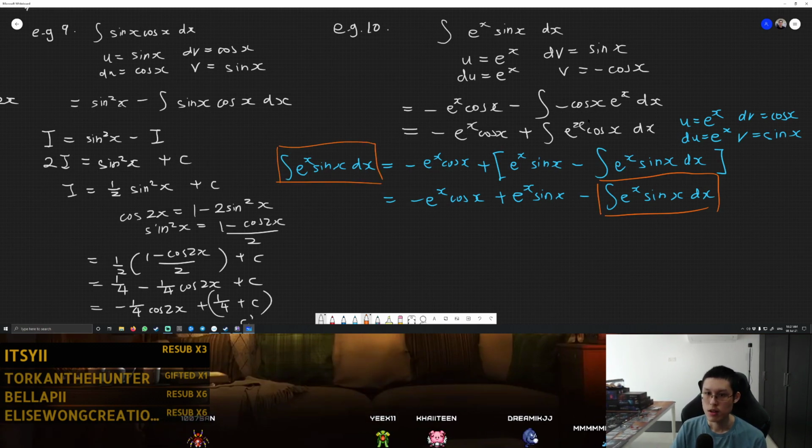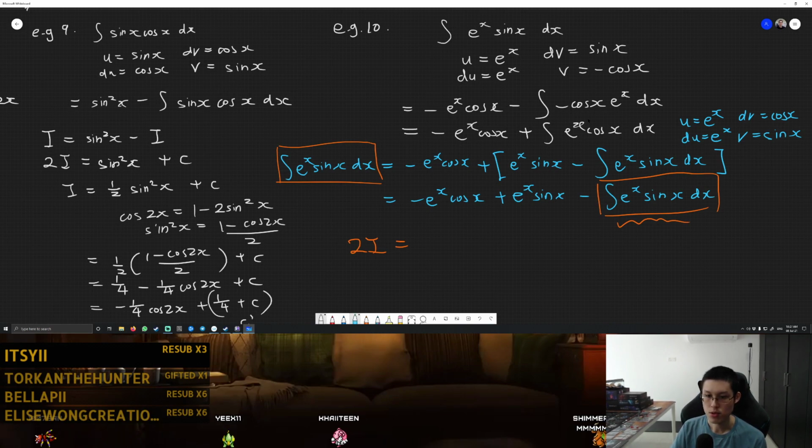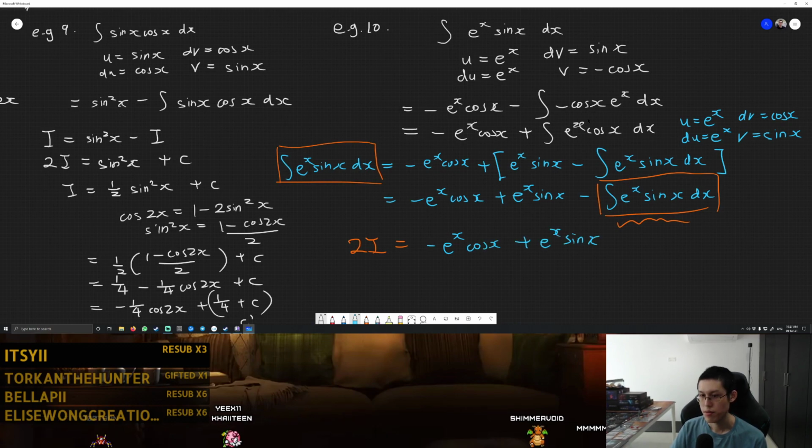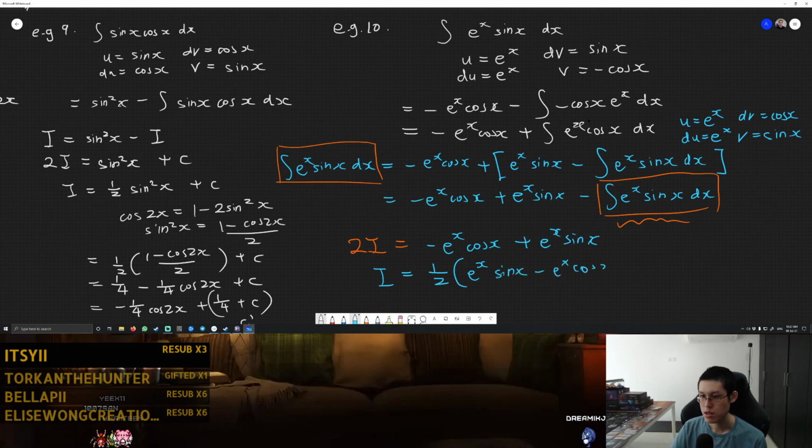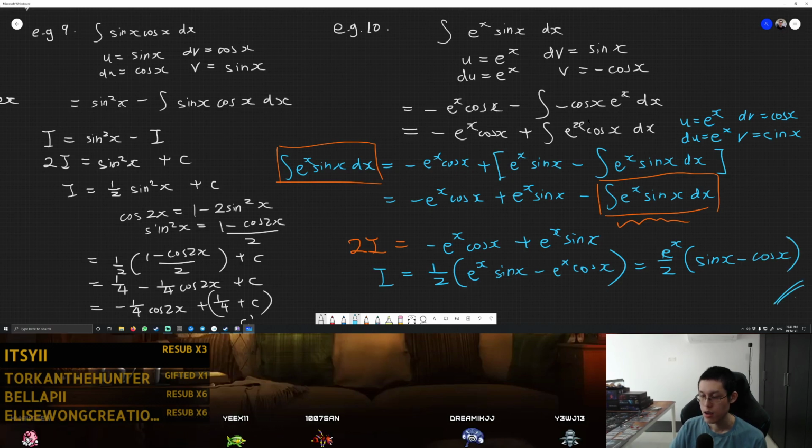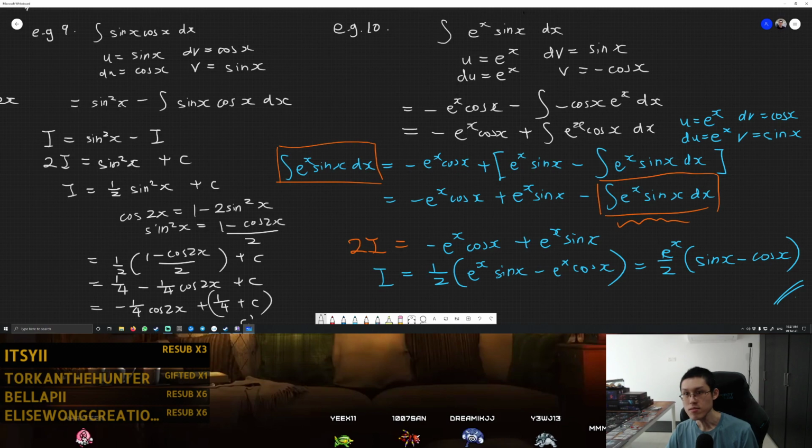So we're going to call this guy I. So we're going to have 2I, because I'm going to move this thing to the left, equals negative e^x cos x plus e^x sin x. Therefore, I must equal 1 over 2 (e^x sin x minus e^x cos x), which is actually 1 over 2 e^x (sin x minus cos x). And that's how you integrate this guy, because this guy is I.